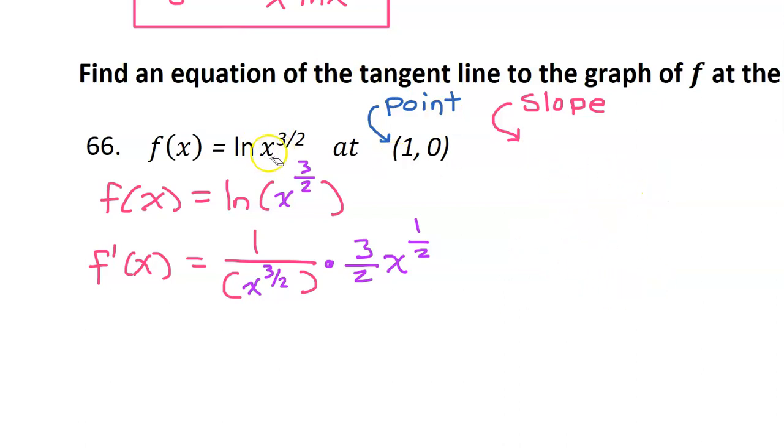But if I do that on this problem before I take the derivative, then I don't have to do the chain rule at all. So the original function could be rewritten by putting the 3 halves in the front. So I could put the 3 over 2 here, and then I would just have natural log x.